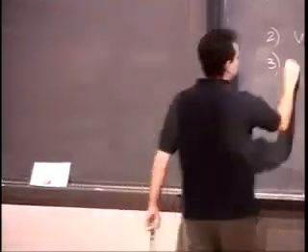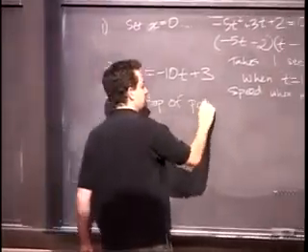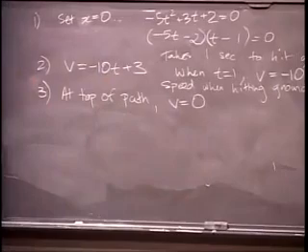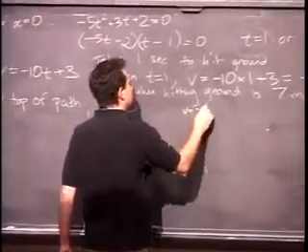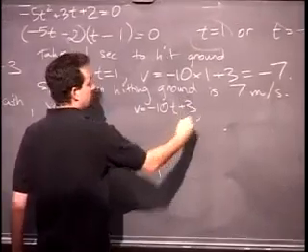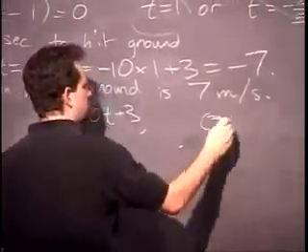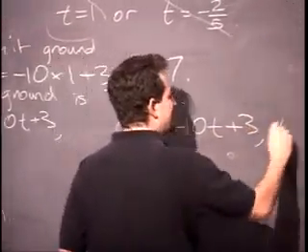So at top of path, velocity is 0. That's a useful fact. So if you solve this equation, v equals minus 10t plus 3, we find that 0 equals minus 10t plus 3, so t is 3/10.